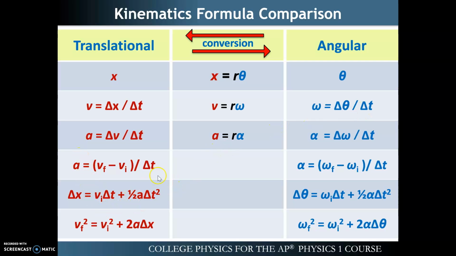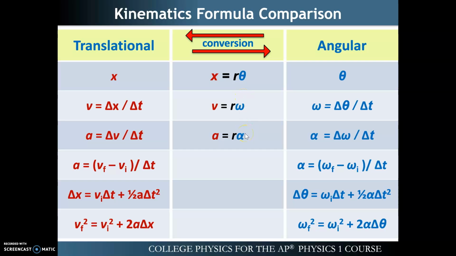So we can use any of the kinematic equations, and basically anywhere there is an a, you replace it with alpha. Anywhere there's v, you replace it with omega. And anywhere there's an x, you replace it with theta. When you do all these substitutions, each of these variables has r in it, so the r's cancel out. That's pretty cool.